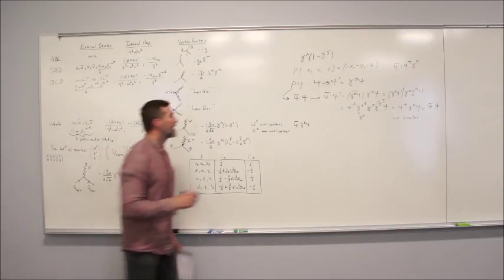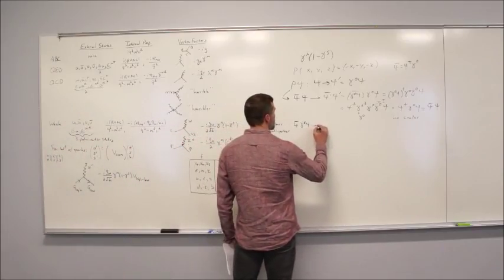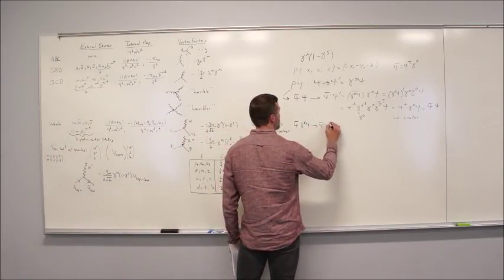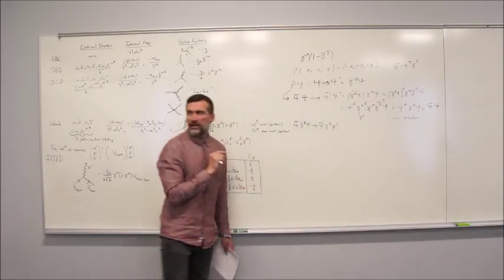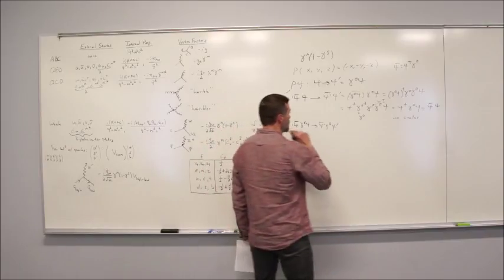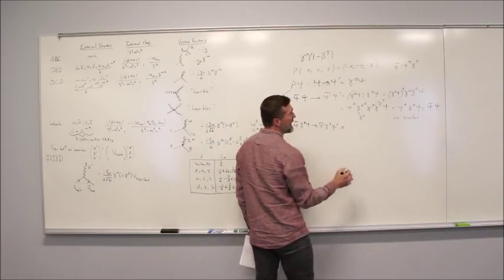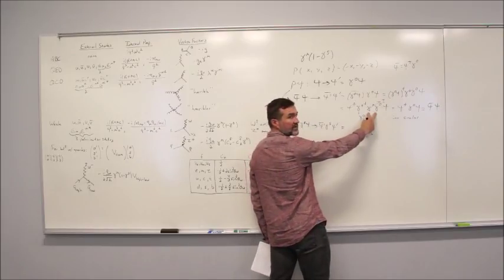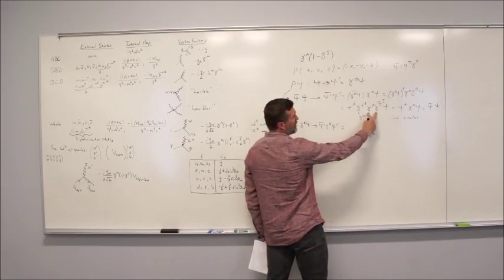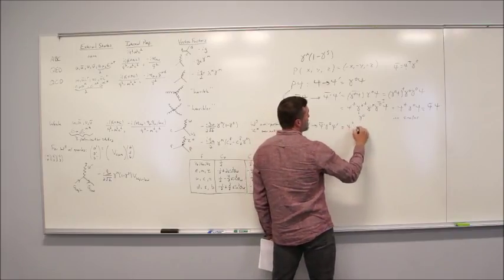If I do a parity transformation on this, most of what I just did here is going to play out. The only difference is that these two gamma zeros, which I eventually replaced by the identity, are going to have a gamma 5 between them.